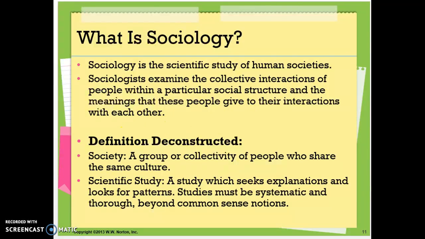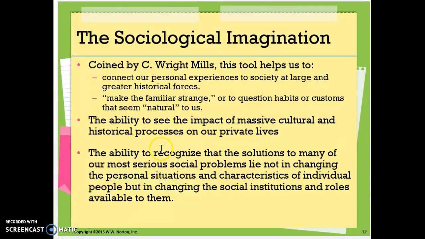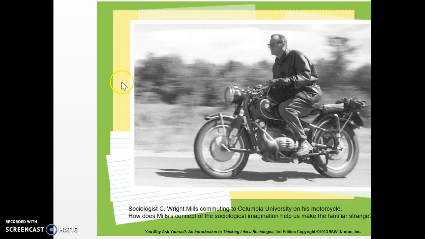Okay, so let's go on and we will get to your fourth quiz question right here. So the term the sociological imagination was coined by C. Wright Mills, and I want to show you a picture of him. This picture is from the 1950s. He was considered a really cool sociologist.